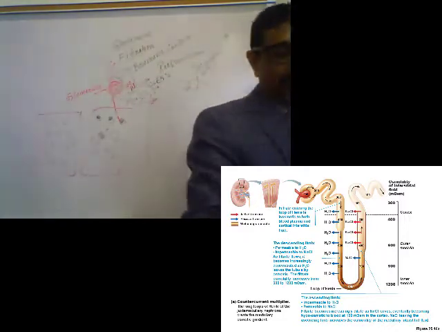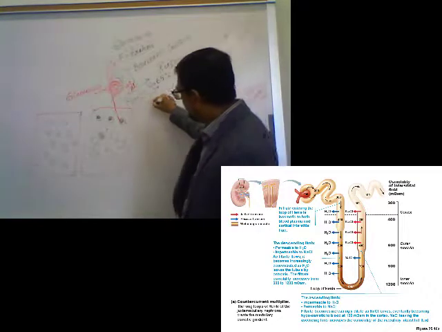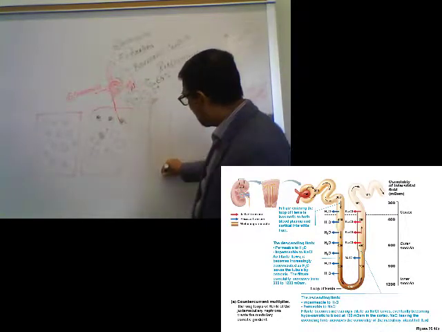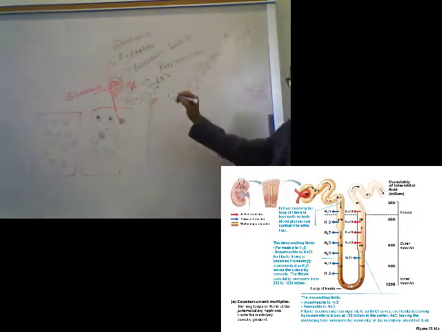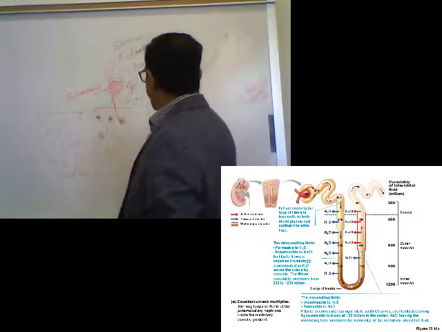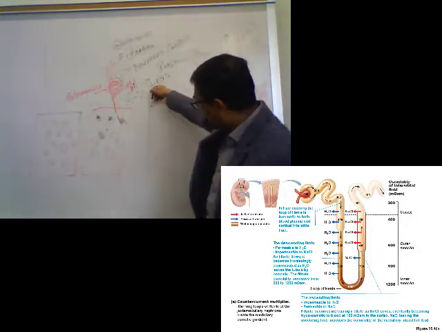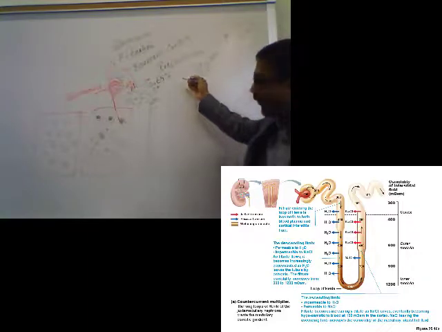Okay. Now the fluid will pass through the loop of Henle, this hairpin-like or loop-like structure. This loop of Henle has two parts. You see, the descending limb and the ascending limb.